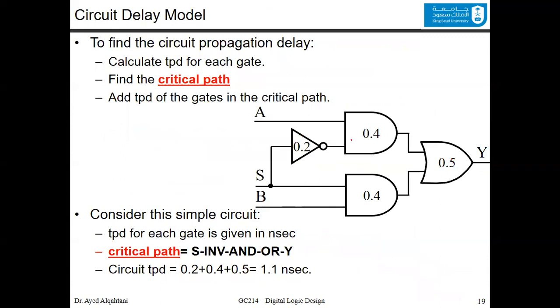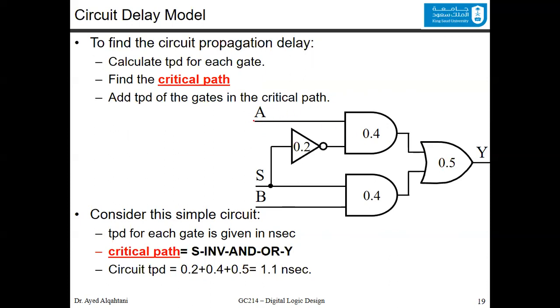Now, we did the same for all these circuits, and we write the propagation delay inside each gate: 0.2 for the inverter, 0.4 for the AND, and 0.5 for the OR. To find the full circuit propagation delay, we calculate the propagation delay for each gate, as we explained earlier, and then we find the critical path, because it is like different roads that you can propagate through until you reach the output.